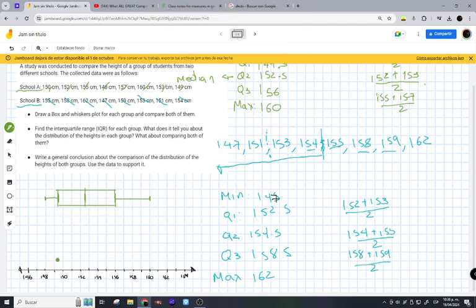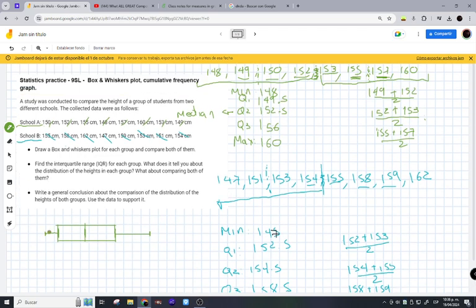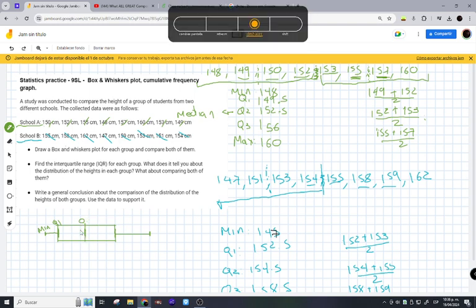Fine. By the way, after you correctly plot the box and whiskers, don't forget to label each one of the parts. And I don't mean Q1, Q2, that's not what I want.